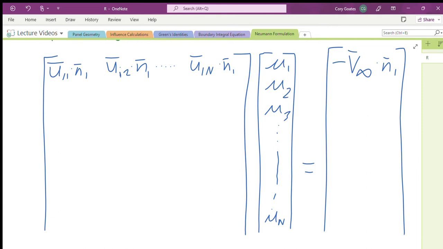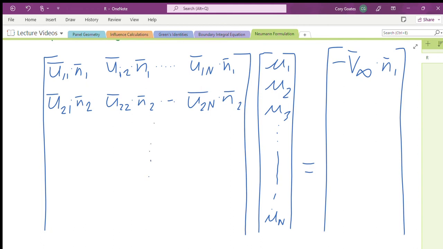Now we can keep going with this. We'll say that u21, the velocity induced on panel 2 by panel 1, dotted with n2, is multiplied by mu1, and then we've got u22 dotted with n2, so on and so forth, all the way up to u2n dotted with n2.